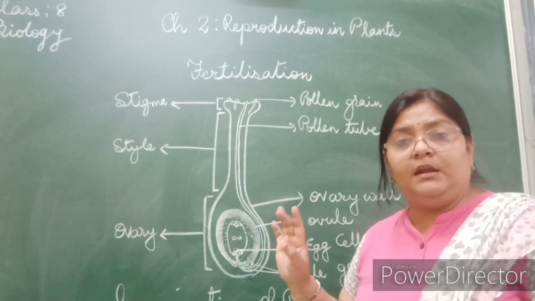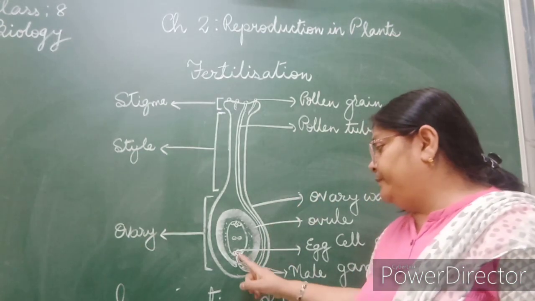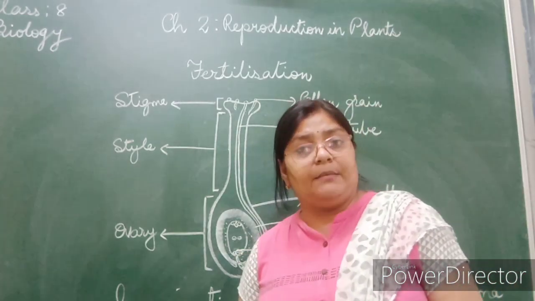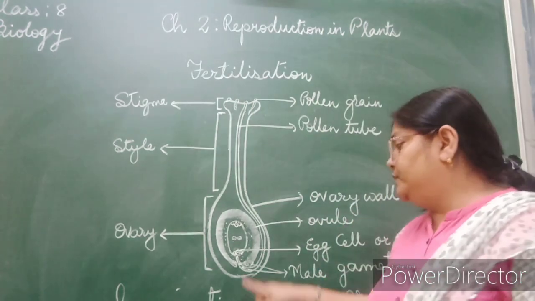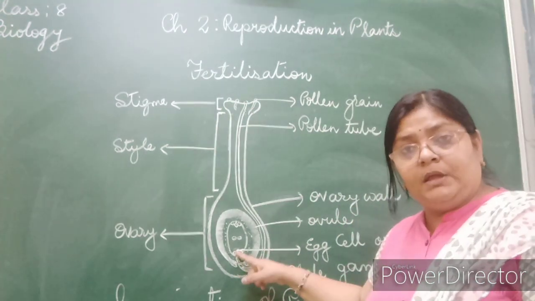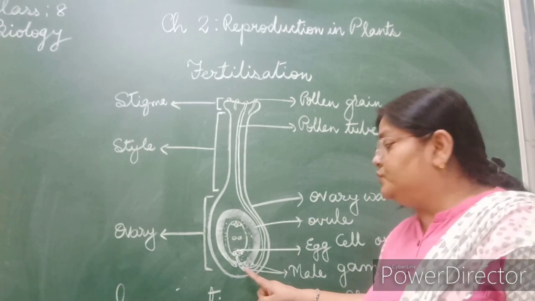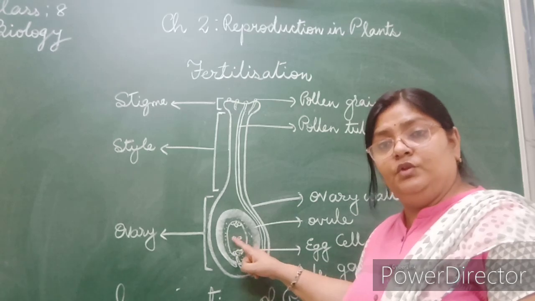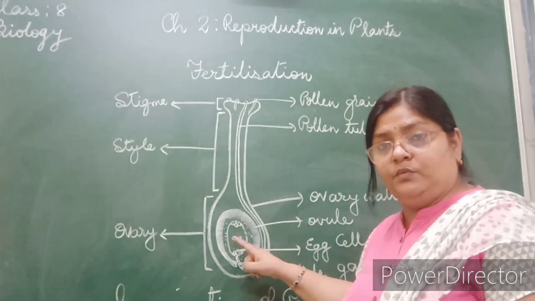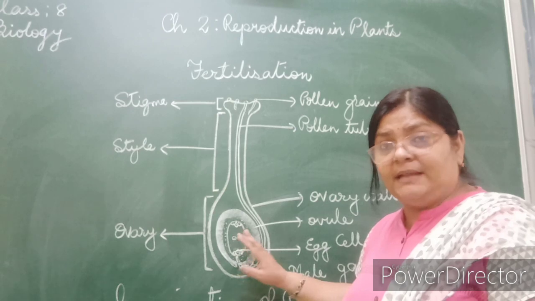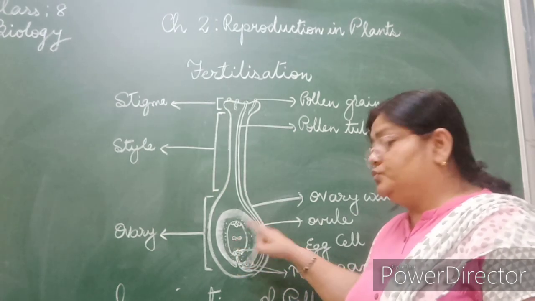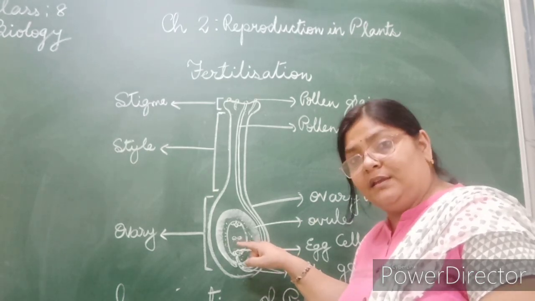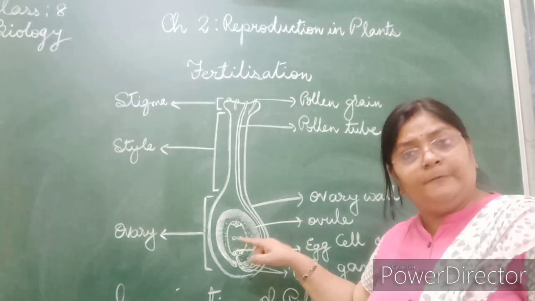Out of the 2 male gamete nuclei, one of them fuses with the egg cell. The other male gamete nucleus moves in towards the polar nuclei and fuses with them. So if you can imagine what happened, there are the 2 polar nuclei and the male gamete nucleus. So triple fusion occurs here, 3 nuclei fusing together.